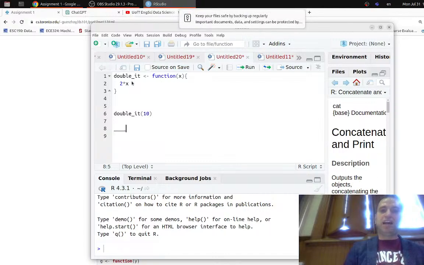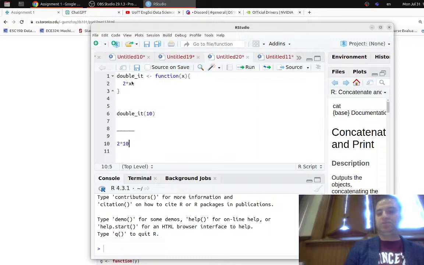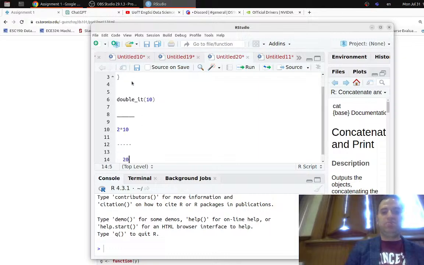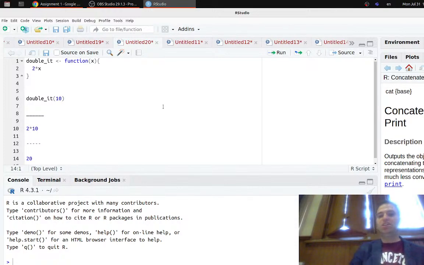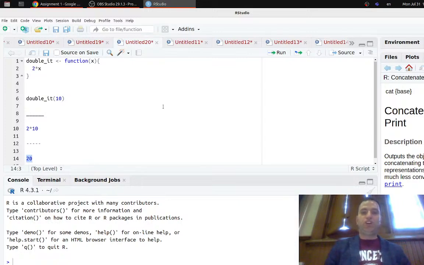So the next thing is going to be 2 times 10, and the next thing is going to be 20, because once you have 2 times 10, all you need to do is substitute in 20 instead of 2 times 10, and that's the value of doublet 10, because what doublet does is it just doubles whatever input you give it, right? So that's a very simple situation.